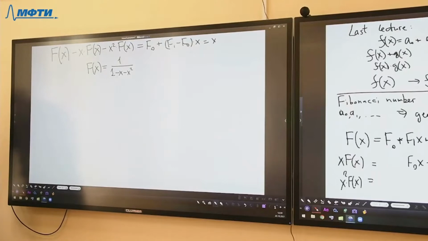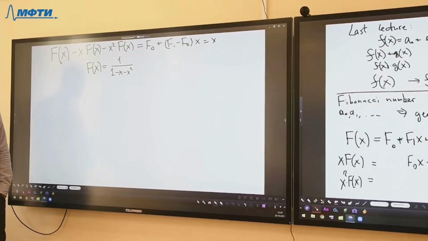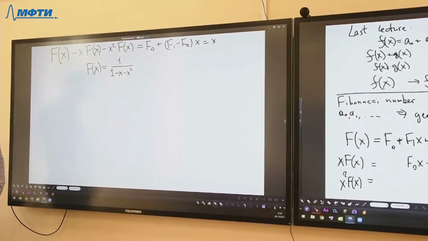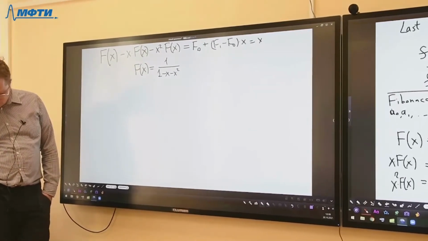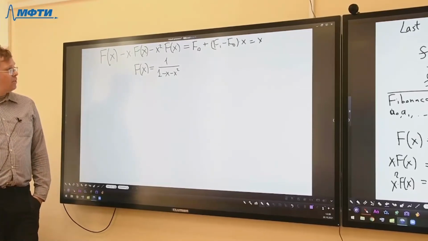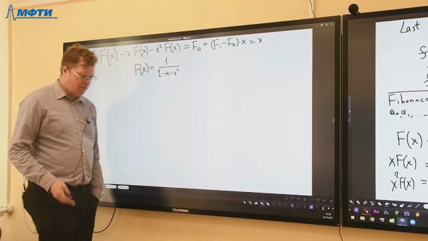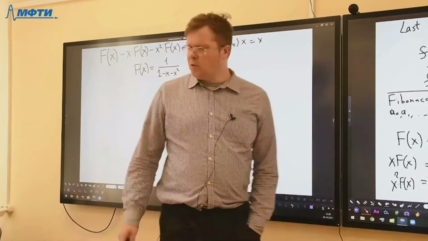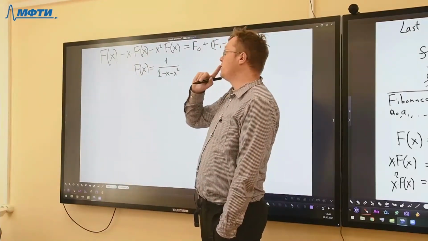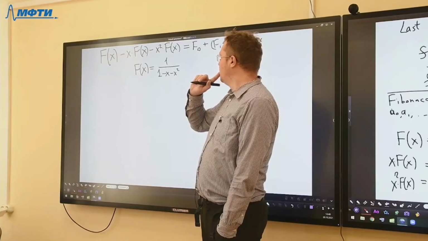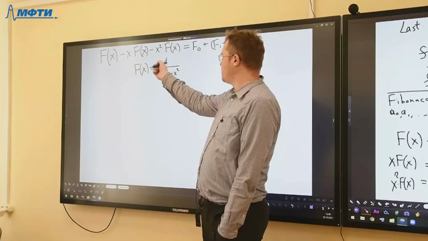And this can be helpful if we don't know the formula for f of x, because now we can find it. Do you know how to find the integral of such expressions?